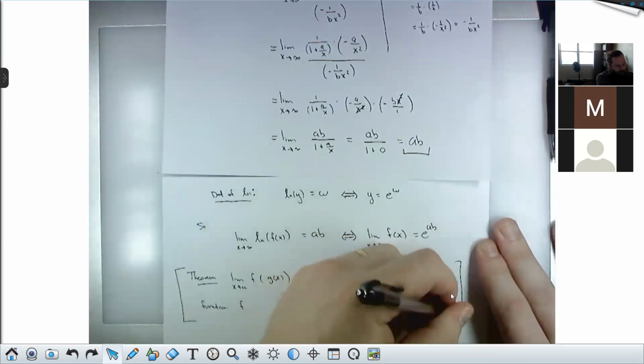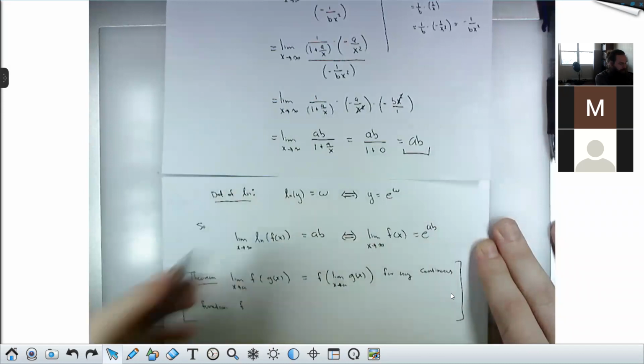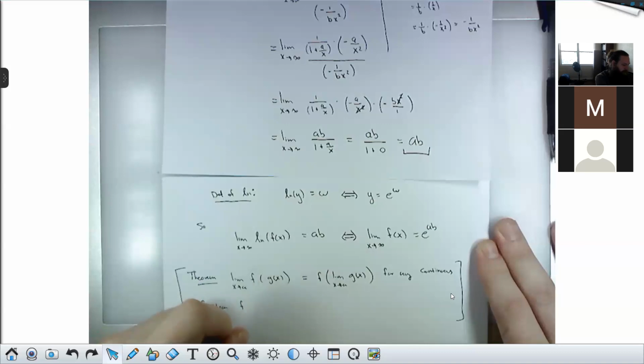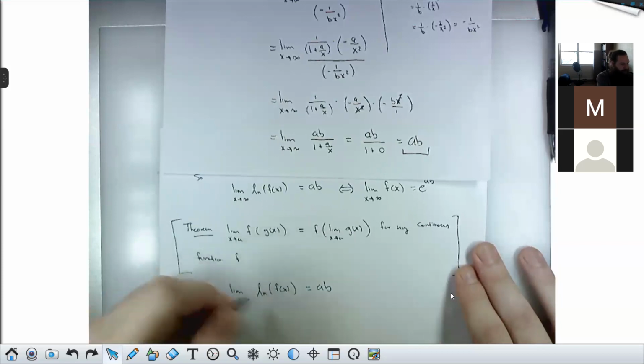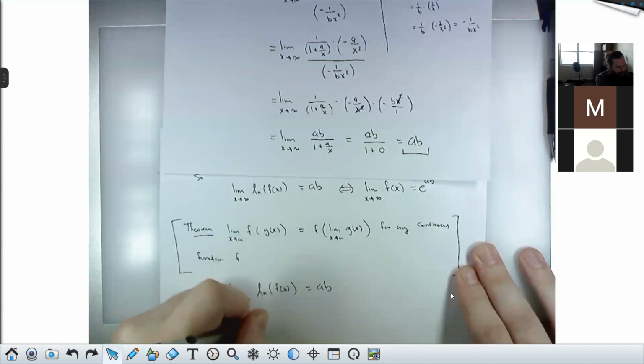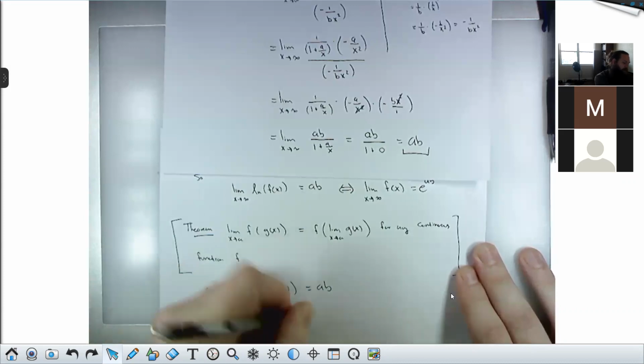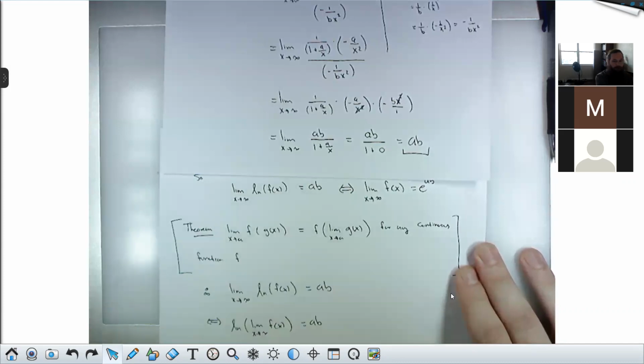So according to this theorem, I can kind of play around with the limit over here. Therefore, if the limit as x goes to infinity of the natural log of f of x is equal to a times b, I can shove the limit inside the log. This is equivalent to saying the ln of the limit as x goes to infinity of f of x is equal to a times b.